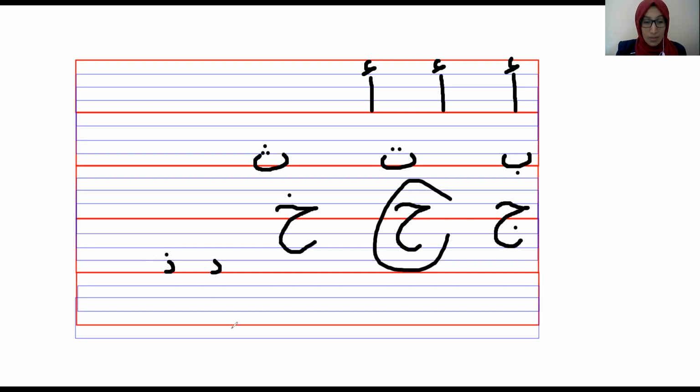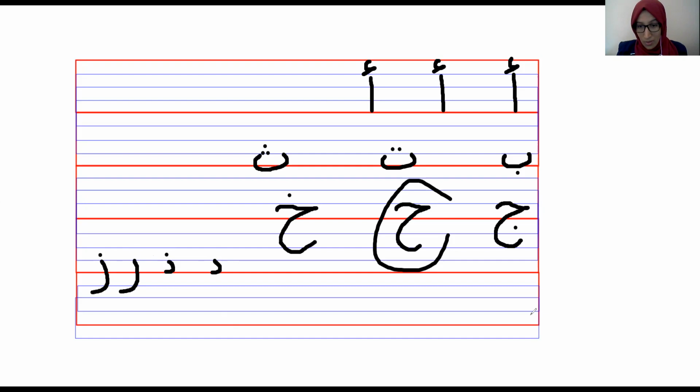Then I have Ra, the equivalent of R. I have 1 on, 2 under, approximately, 1 on, 2 under with 1 dot. So you can see the difference between dal and Ra: Ra is bigger than dal. Dal, Ra, Zay.